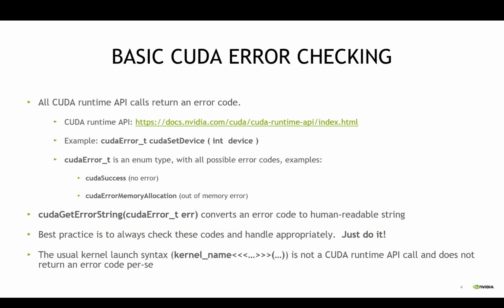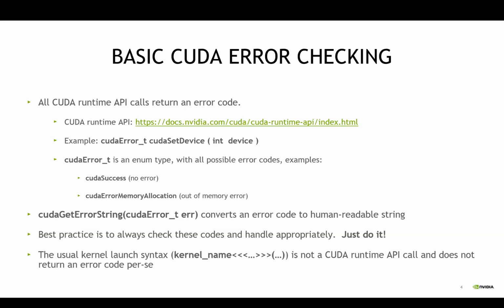We'll kick off our next section by noting that at least in the CUDA runtime API, when we do a kernel launch, and there's an example of the kernel launch syntax there at the bottom of the slide, that doesn't appear to be a CUDA runtime API call. It doesn't start with CUDA. In fact, I can name the kernel anything I want. And that by itself, as it stands, is not a CUDA runtime API call.